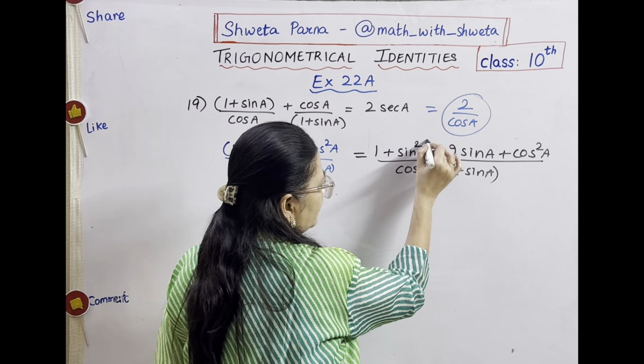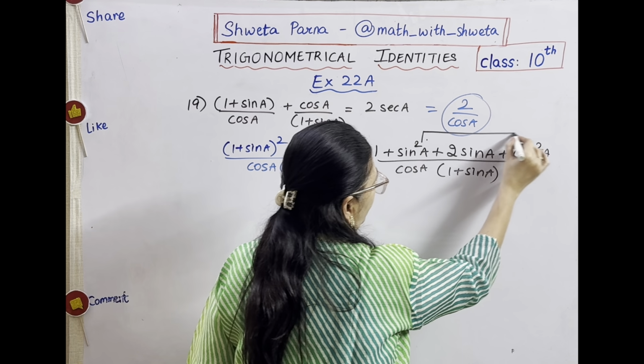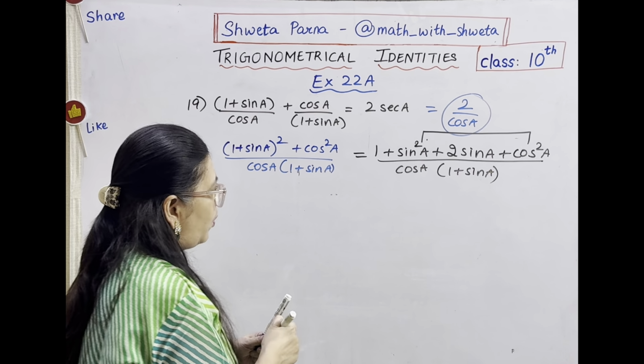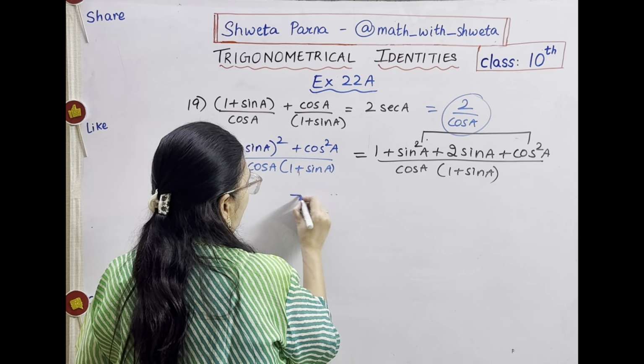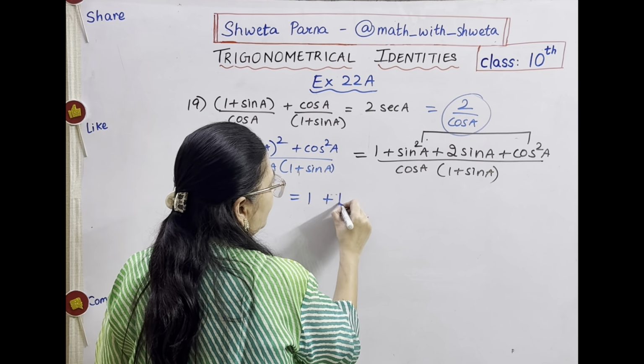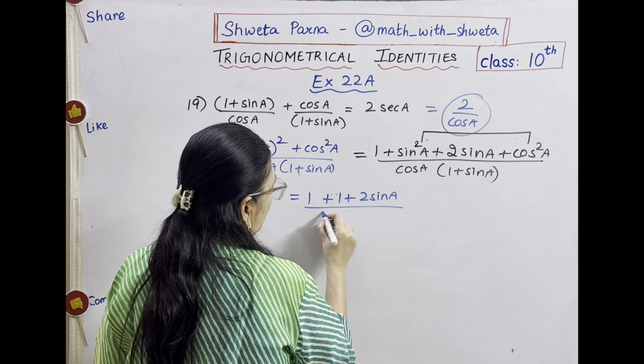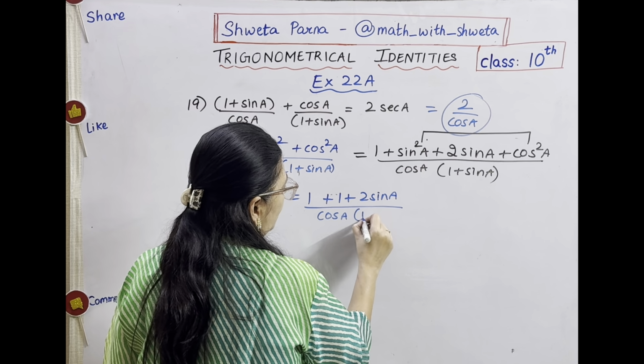So remember, sin square A plus cos square A. What is sin square A plus cos square A? It is 1. So this would be 1 plus 1 plus 2 sin A upon cos A into 1 plus sin A.